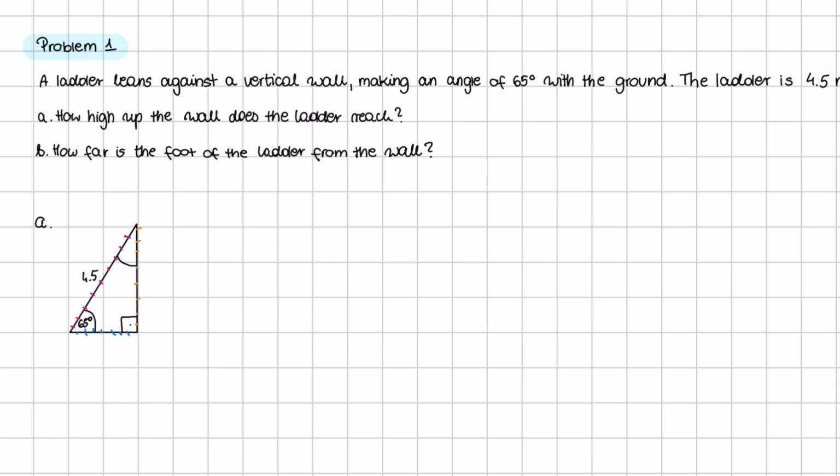And automatically in here we have 25 degrees, because here we have a right angle and here we have 65 degrees, so we're left with 25 because the sum has to add up to 180 degrees.